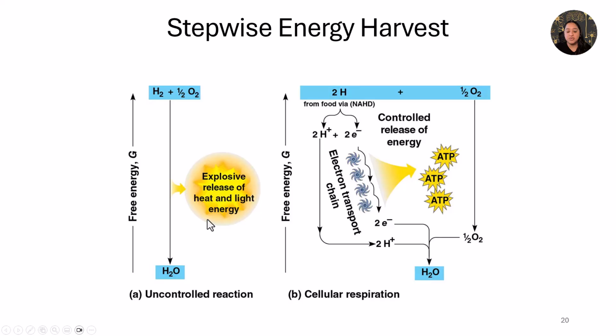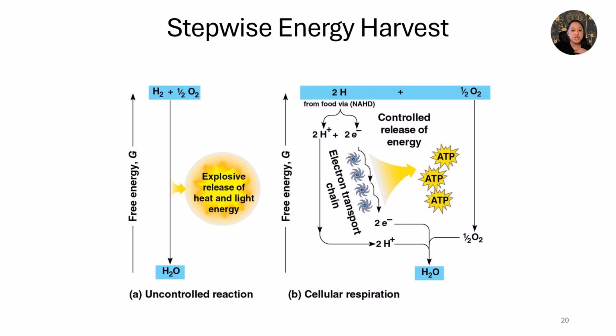And so that's kind of just an example of literally if you're trying to force hydrogen and oxygen together to make water, it's an uncontrollable reaction. And you can have a big explosive release of heat and light energy. And we don't want that in our cells, right? So that's why we have to break this up in a whole series of steps.